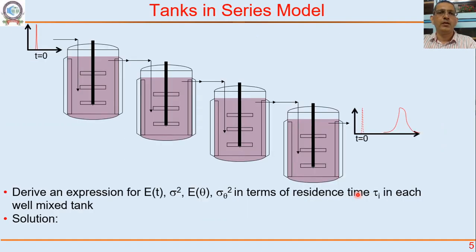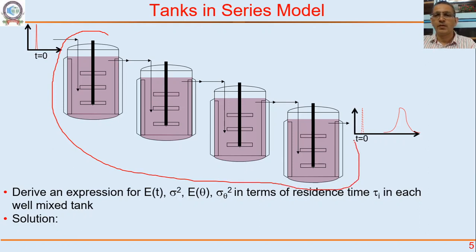Okay. So when we say a series of tanks, we are saying that each tank behaves like a well mixed tank, and then if I put a pulse of tracer here, how is the response at the outlet? A real reactor may have one stirrer, two stirrers, whatever it may be, and one possibility is that it is behaving like a series of well mixed tanks.